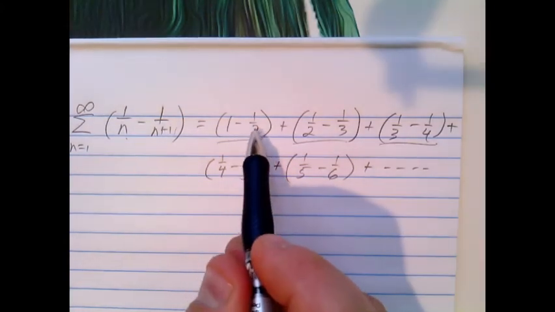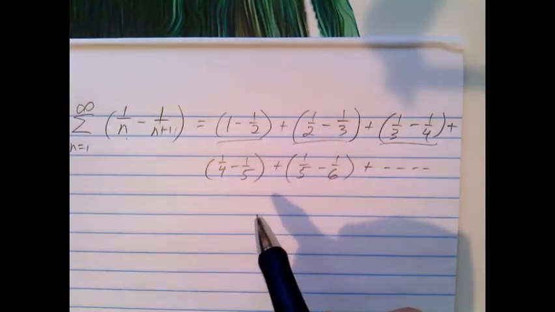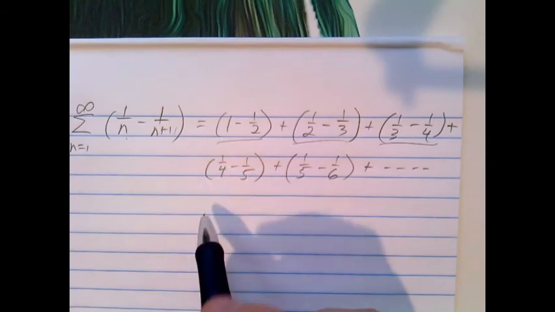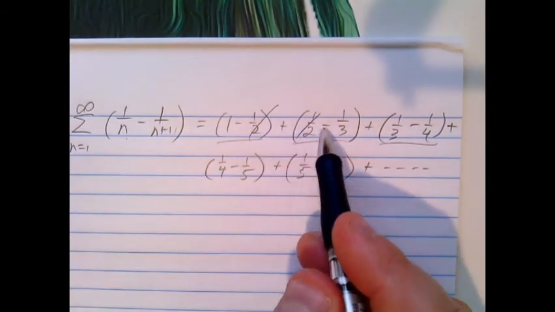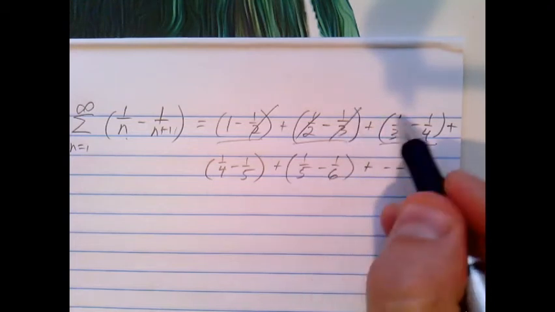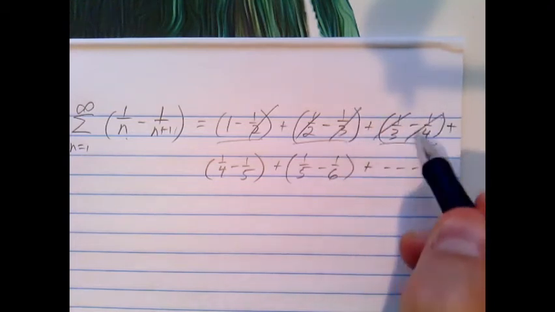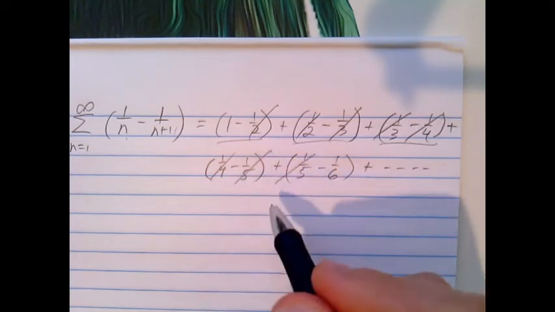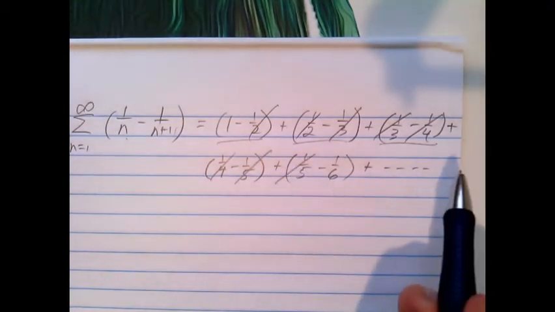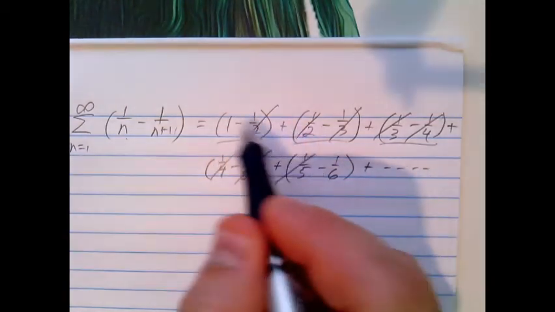Now, I could simplify each one of these to one fraction, but I like writing it this way better because then I can see the cancellations. Minus a half plus a half, minus a third plus a third, minus a fourth plus a fourth, minus a fifth plus a fifth, and I can see that everything's going to cancel except this 1.